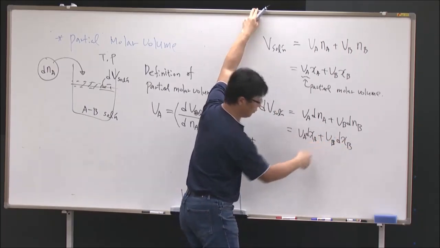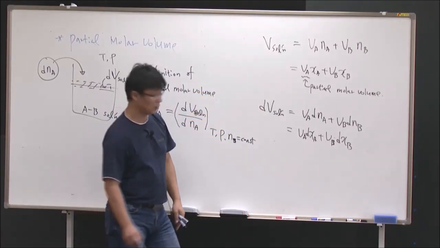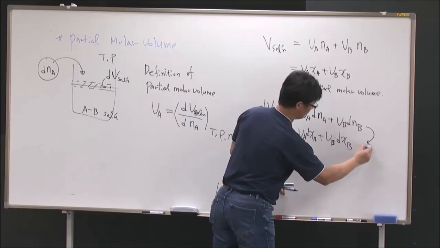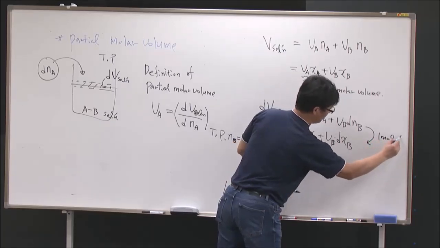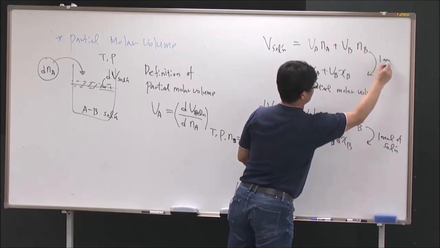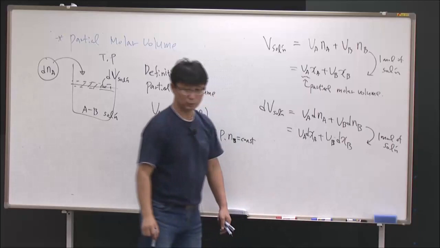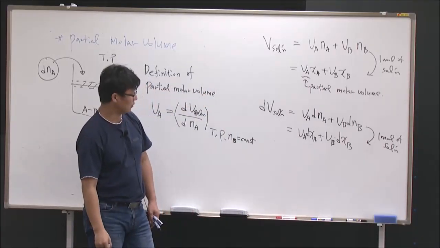So if this is the molar volume, then we can define it in this way. Okay? So it's per mole of solution. So in total, for 1 mole of solution, we can define it in this way.